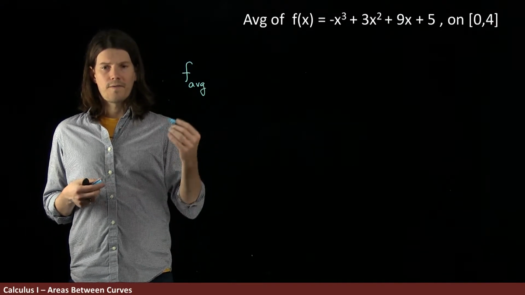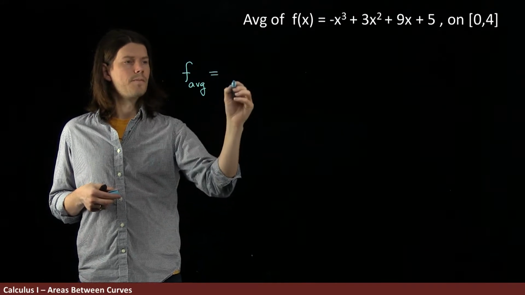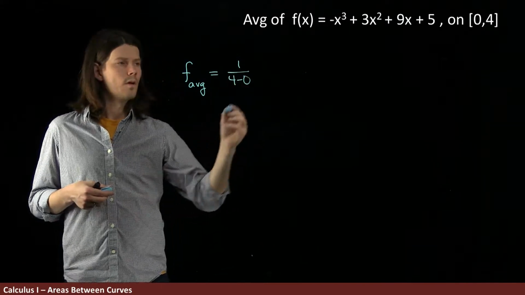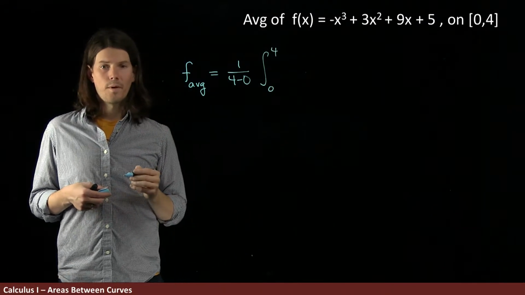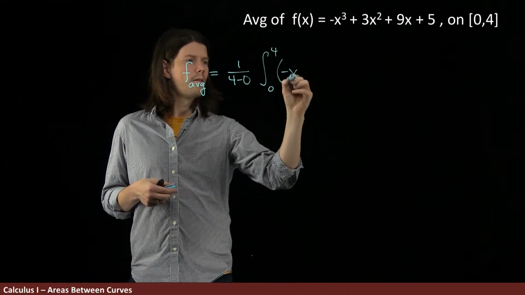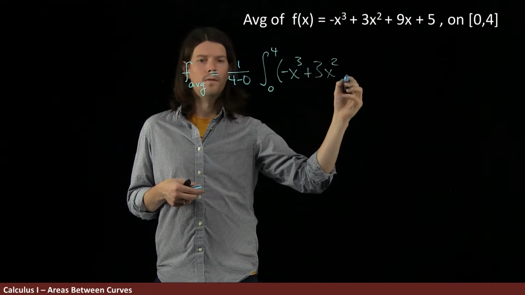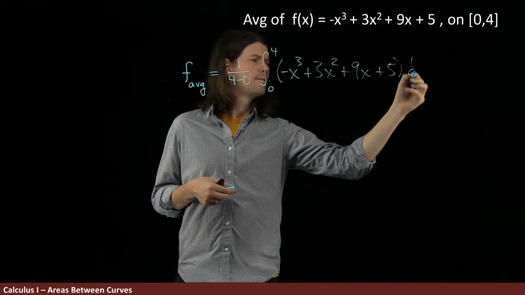I don't know at face value right here what the interval would be, but it's clear from the context when you do these problems. So I've got 1 over 4 minus 0, definite integral from 0 to 4 of this function, negative x cubed plus 3x squared plus 9x plus 5.